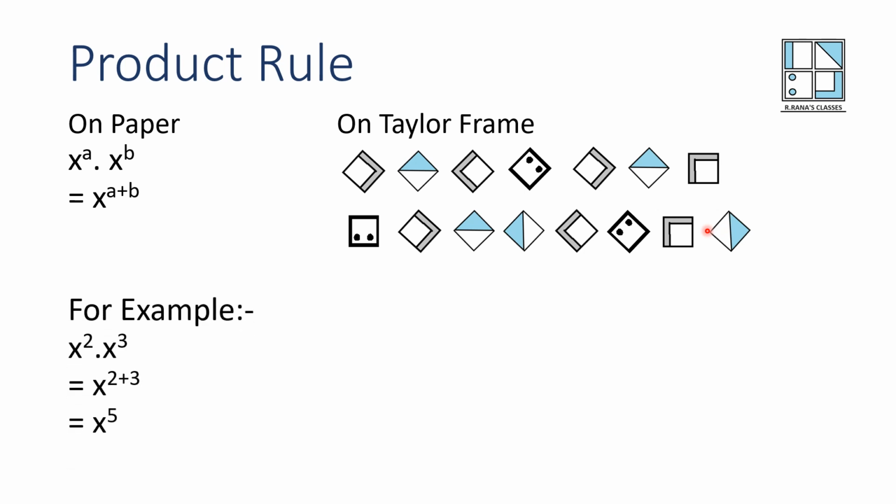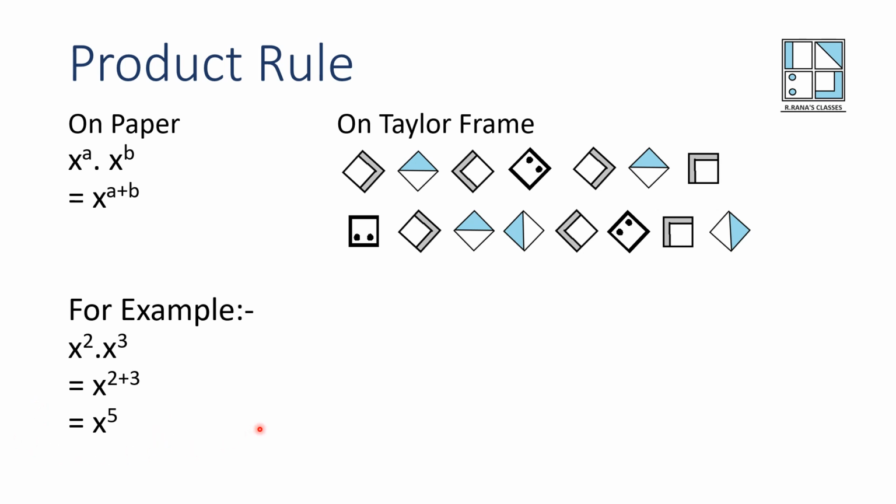For example, x squared into x cubed is equal to x raised to power 2 plus 3. Adding 2 and 3, we get x raised to power 5.